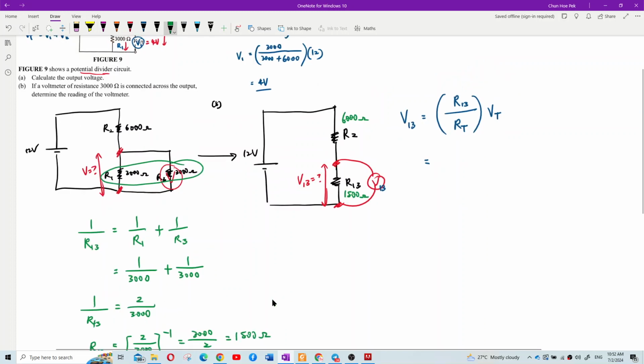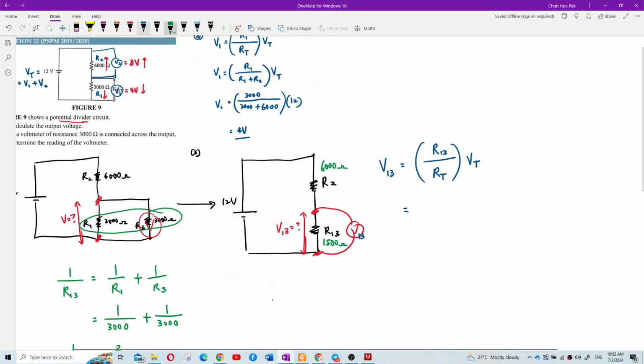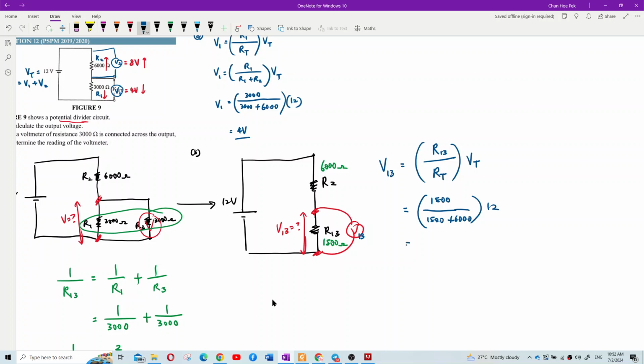So now what do we write? Write 1500 ohm out of the total, 1500 plus 6000. So find R total. V total is 12 volt. So how much, class?